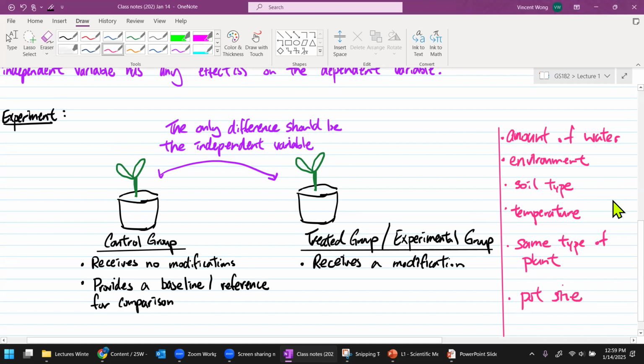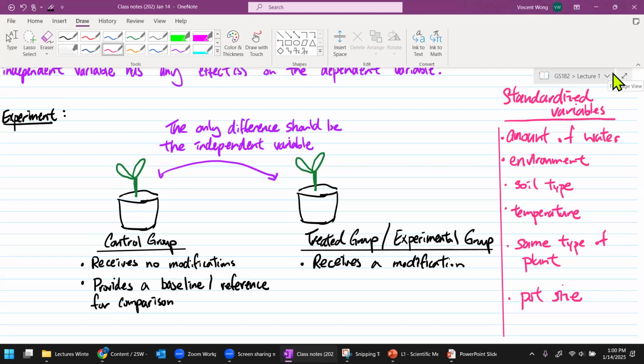Actually, some plants only grow as big as the pot. And once you repot them to a bigger pot, they might start growing more as well, right? So if you have them in different pots, you don't really know if that's an effect. So here's the thing. These things that we are keeping the same between the control group and the treated group, we call these standardized variables. These are things that could change, but we make sure that they don't.